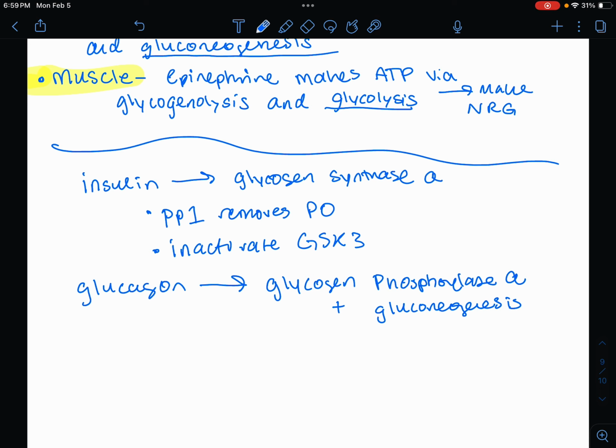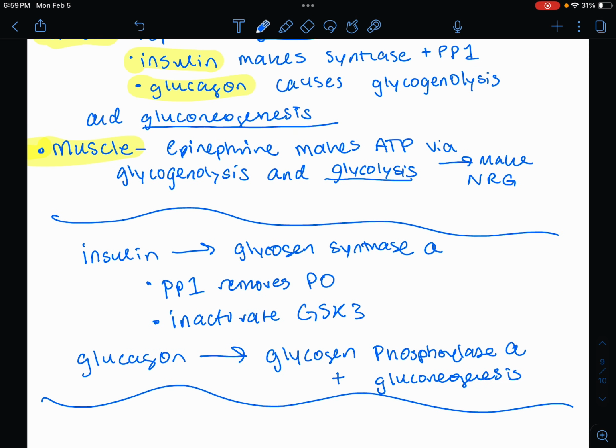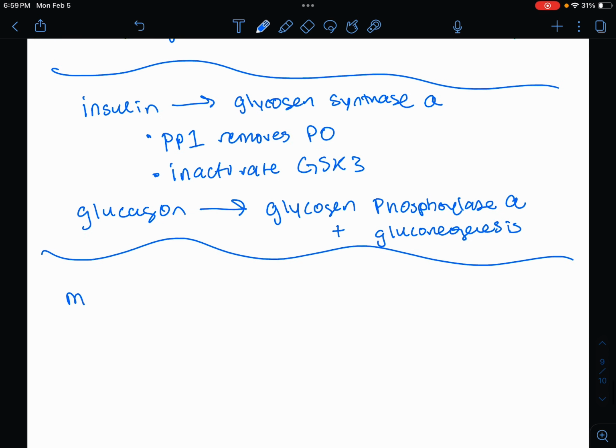All right. In the muscle, however, we're going to have epinephrine. Epinephrine will provide ATP by stimulating glycogen breakdown and glycolysis. So the muscle has this epinephrine again. I'm just going to rewrite it. This is going to say yes to breaking down.